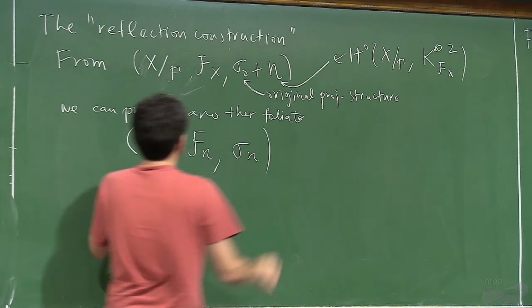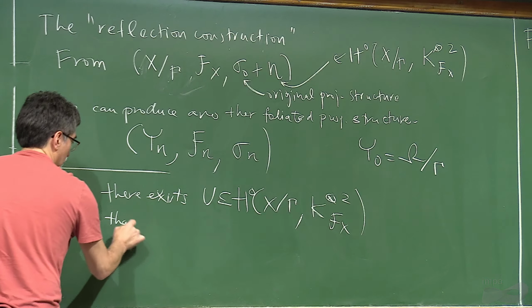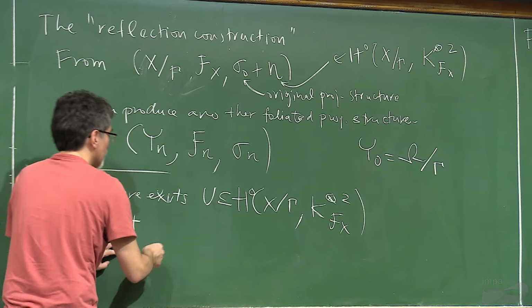We have some domain U, a neighborhood of the origin. So for quadratic differential sufficiently small. And I will explain this statement later.